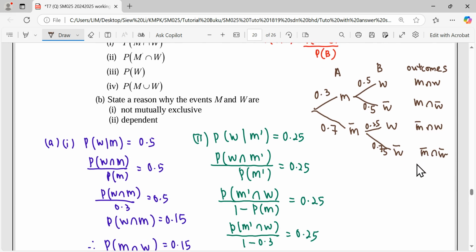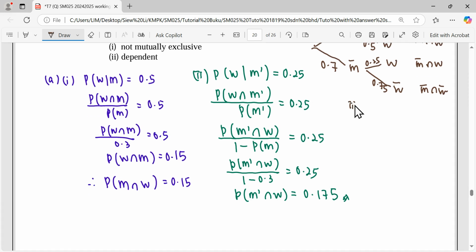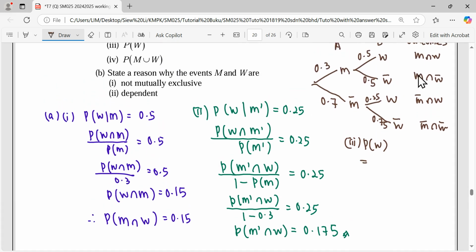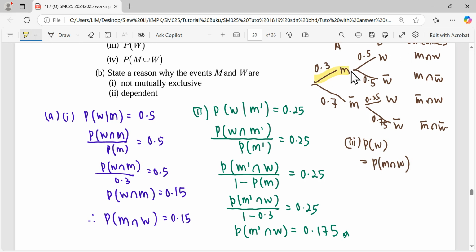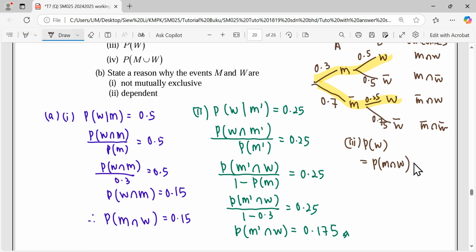When we come to question 3, the probability to get W will be the probability of M in the set W plus the probability of not M in the set W. To reach W, we go through these two branches. From that, we can read out the probability, which is 0.3 times 0.5 plus 0.7 times 0.25.